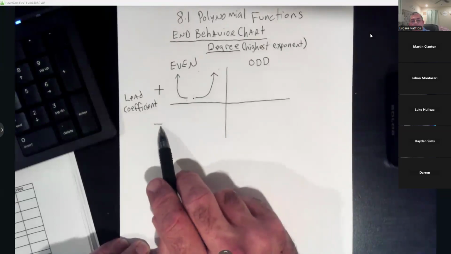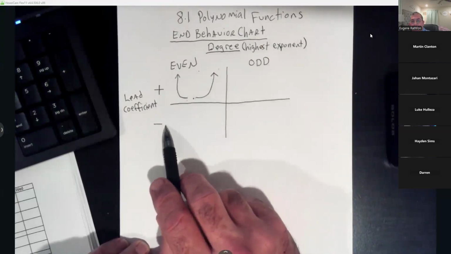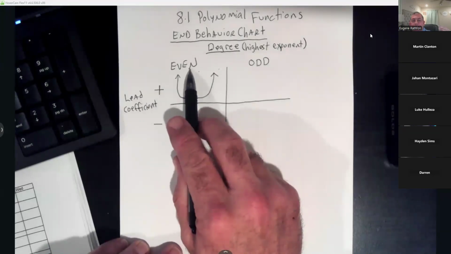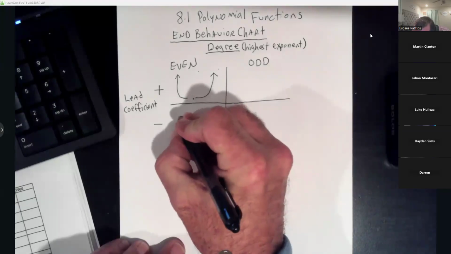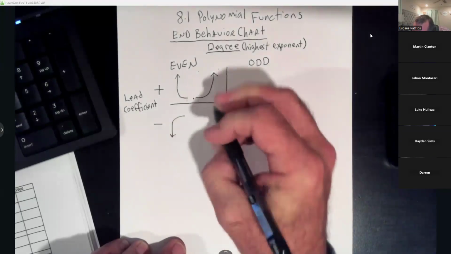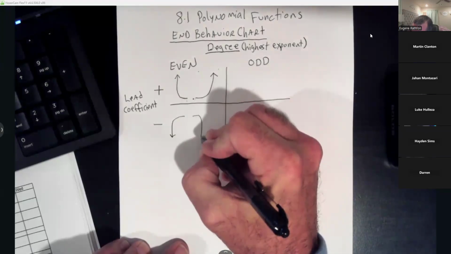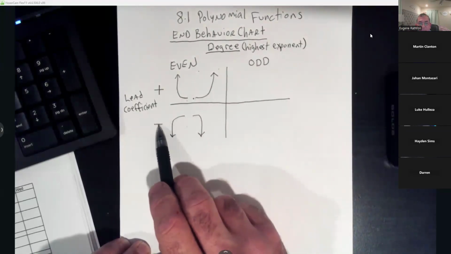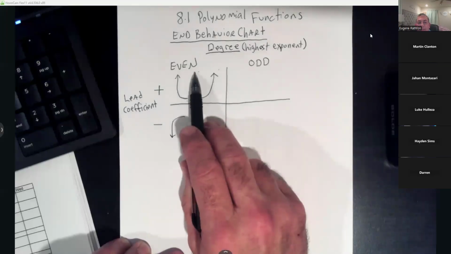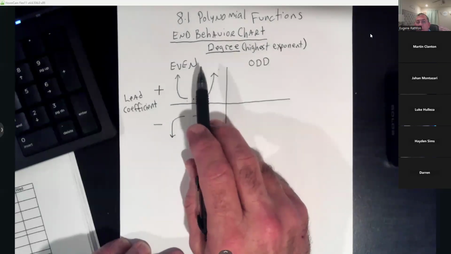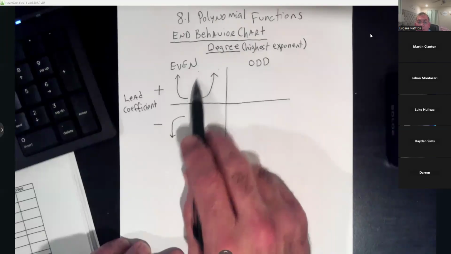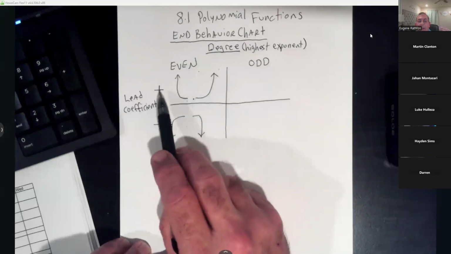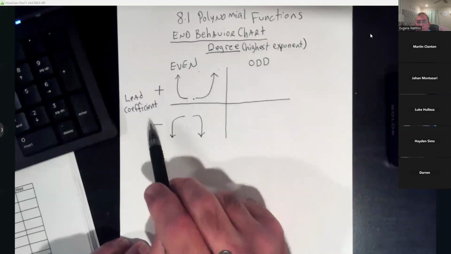Now, if I throw a negative in front of the lead coefficient, if it's negative and the degree is still even, y'all, just like we were doing to them parabolas, this will flip the graph over if it's negative. So the x squareds, x fours, x to the sixth, all of them are even. So they'll have one of these two options depending on the lead coefficient.